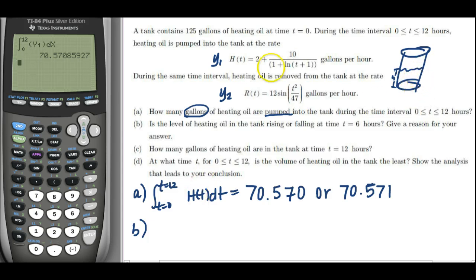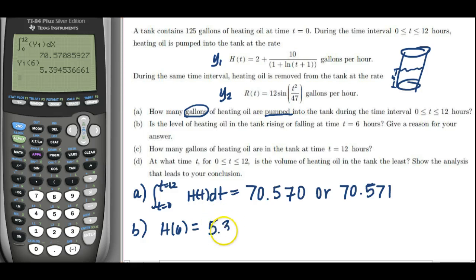So here we're comparing H of 6 and R of 6. So H of 6, the rate at which oil is coming in, is a value we can find on our calculator exactly. So H was Y1, so Y vars. Y1 of 6 is 5.394.